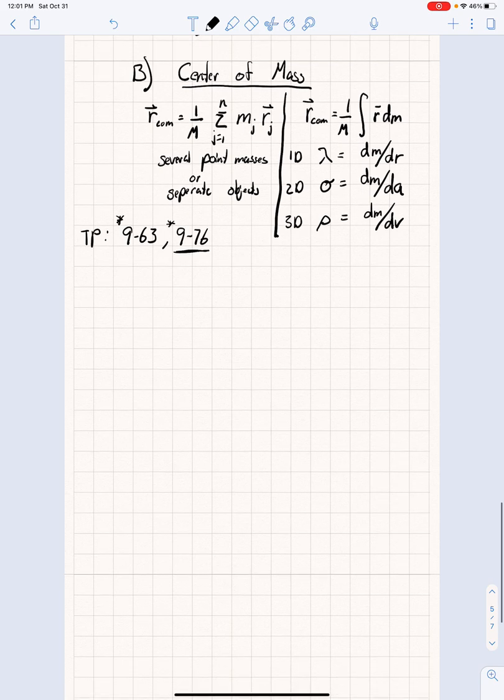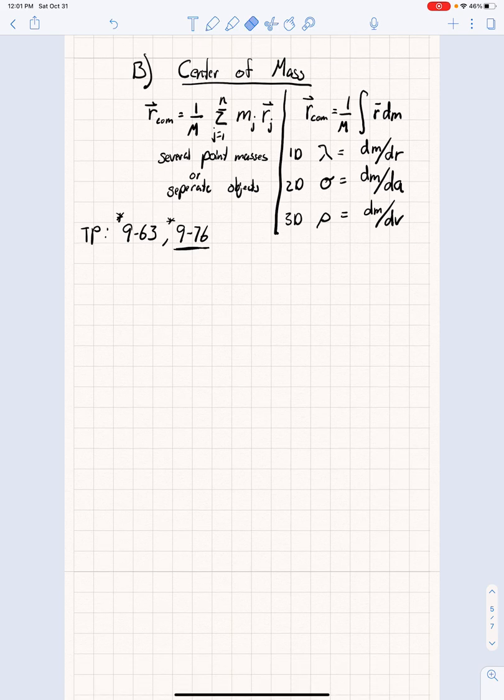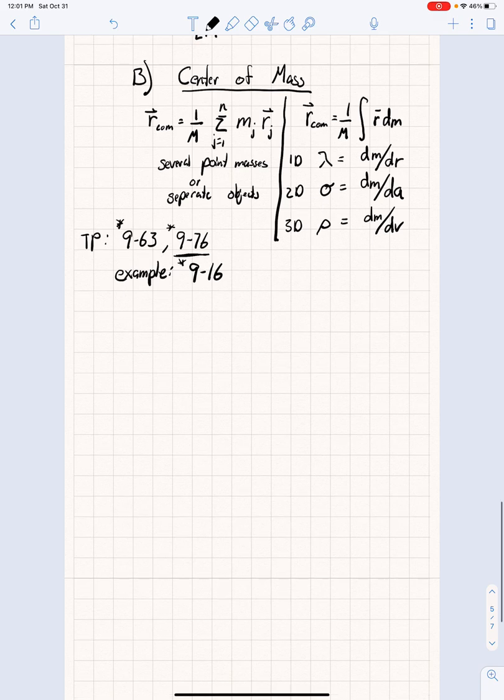You can look that up in your text, problem 9-76. And then also from your text, inside the section where you read, you can look at example 9-16. So I'd look at example 9-16 in my text. And all three of those will help you get after this strategy for calculating our center of mass.